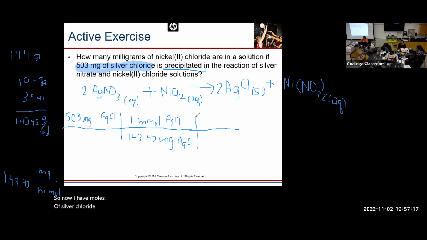How can I get from moles of silver chloride to moles of nickel chloride?